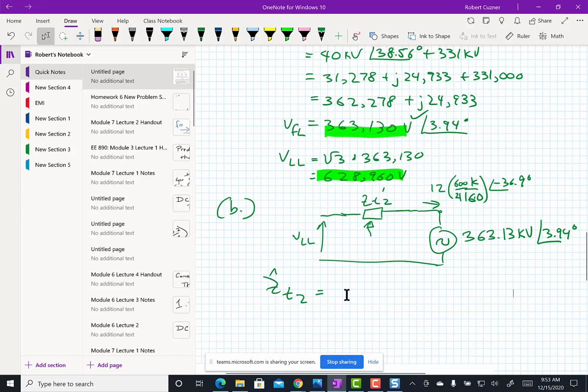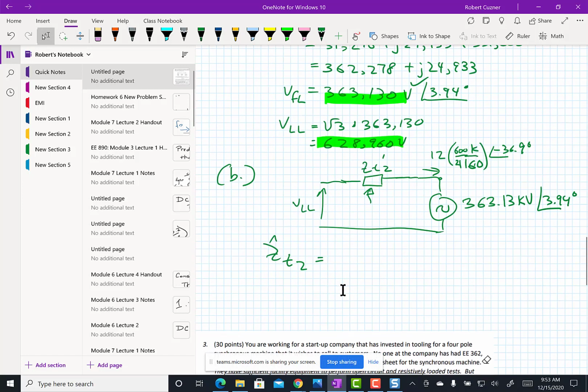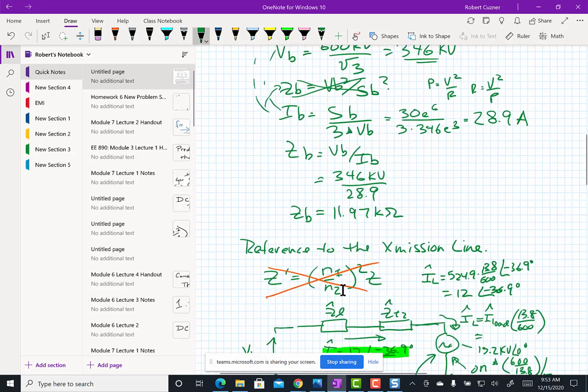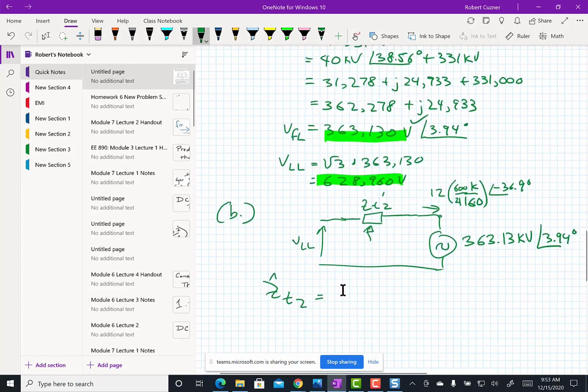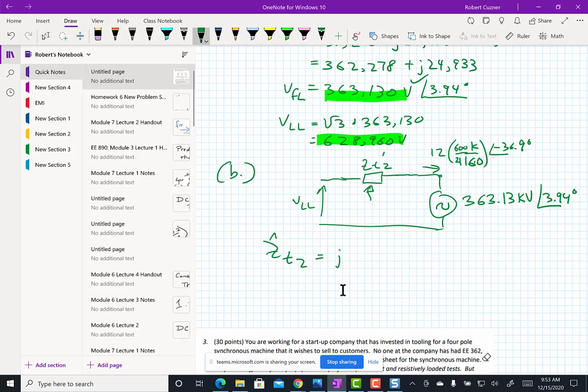It's in the section on per unit in the book, but I know that ZT2 on the high voltage side of the transformer is going to be the value I gave you, 0.02 times the base, which was 11.97 kilo ohms.